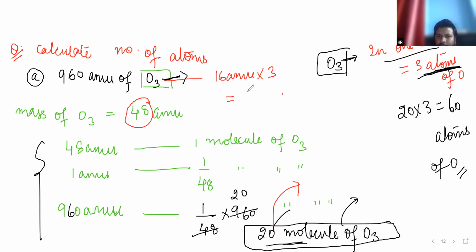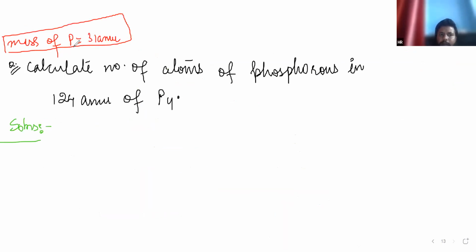So we just multiplied by 3 and it is 48 AMU. I have already told you that the mass of phosphorus is 31 AMU. It's 31. Okay. Arslan, please do it.